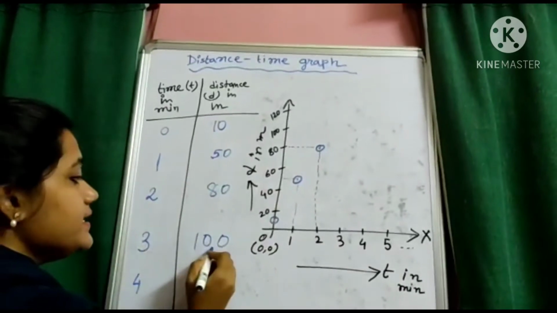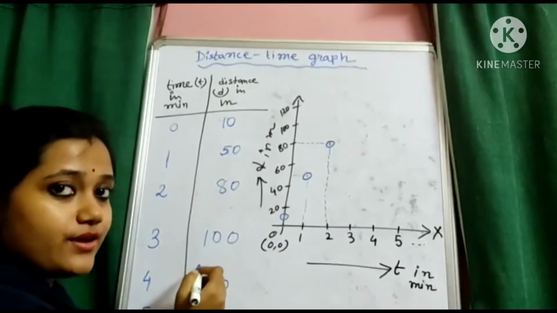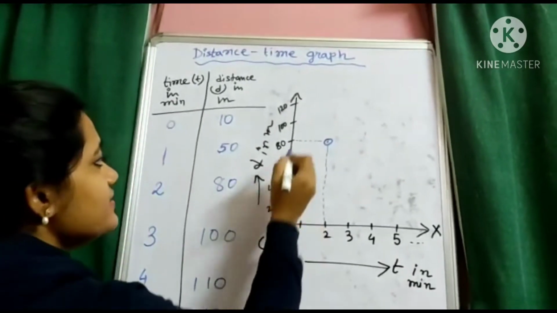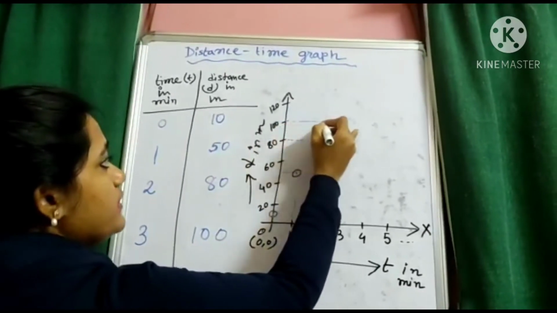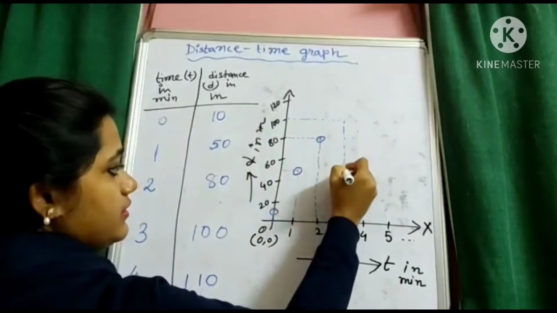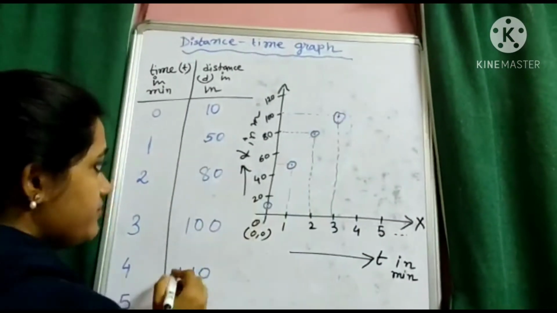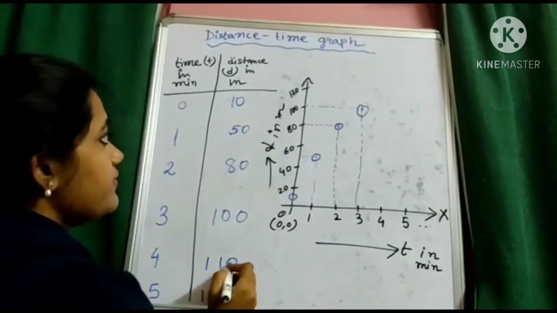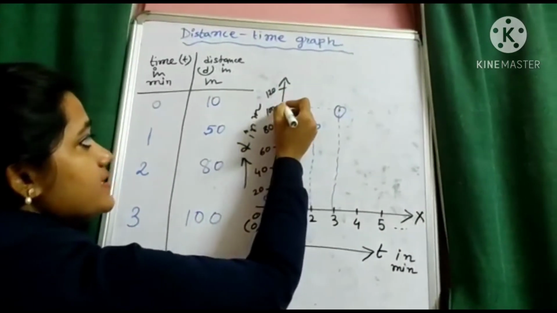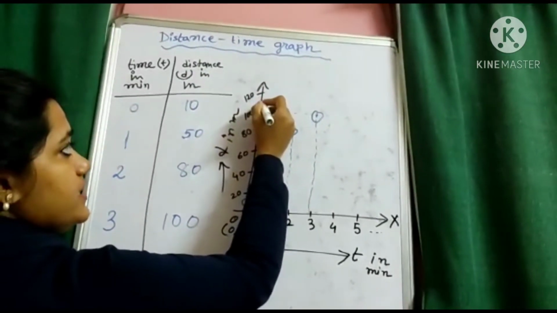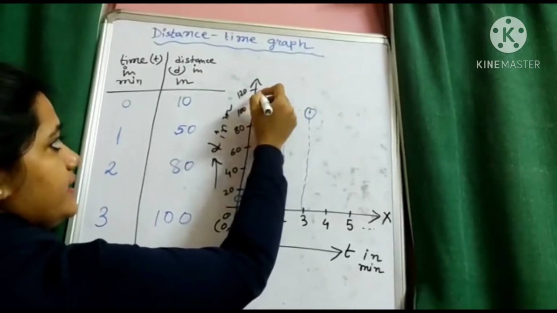Then 3 minutes, 100 meter. In 3 minutes you have covered 100 meter. In 4 minutes you have covered 110 meter. So this is 100, this is 120, so here is 110.